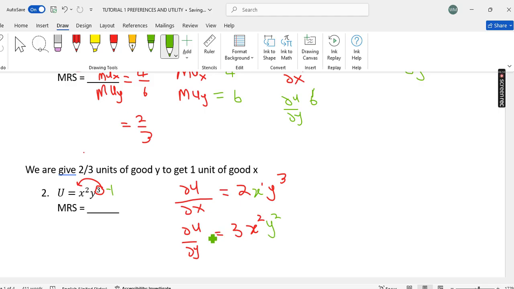So our marginal rate of substitution, MUx over MUy.